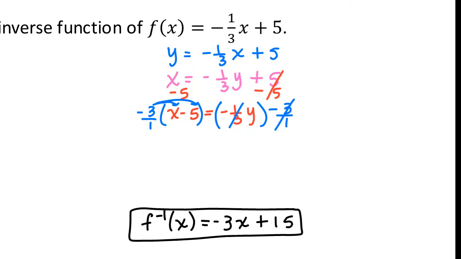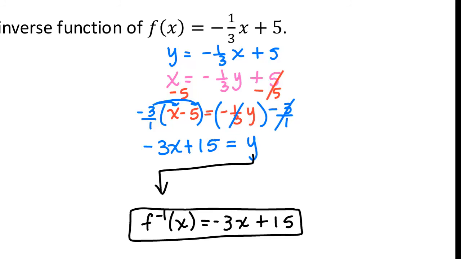So negative 3 times x gives you negative 3x minus, and then for the next part, it's negative 3 times negative 5. That becomes positive 15. And that equals the y. And then the last step is to move the y to the front and switch it to function notation.